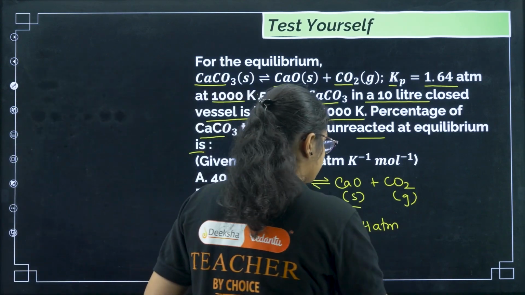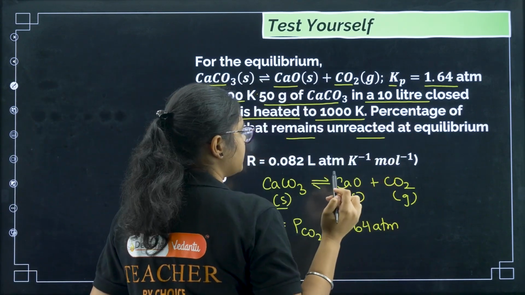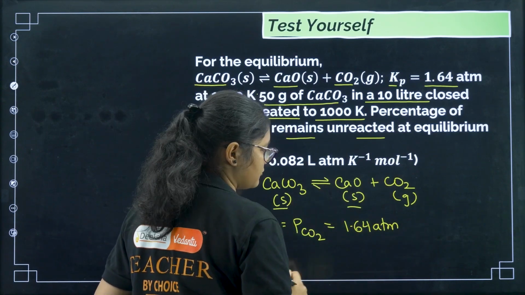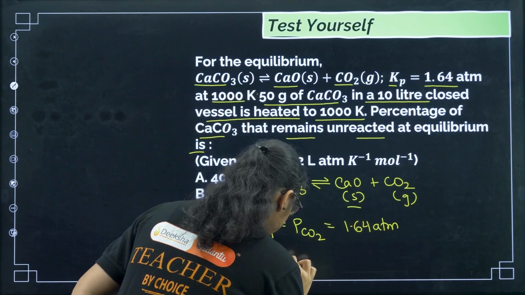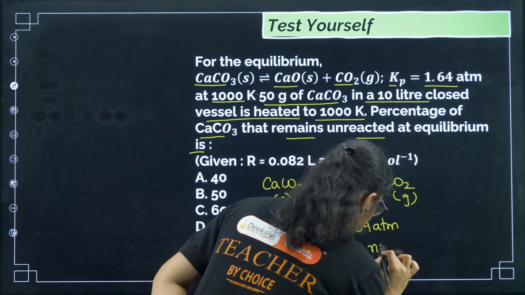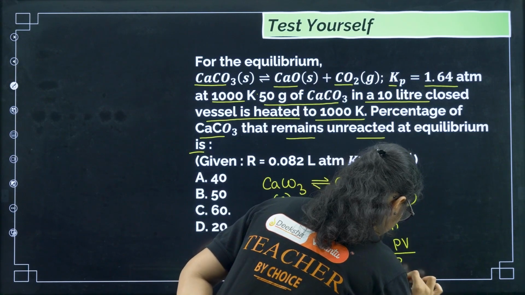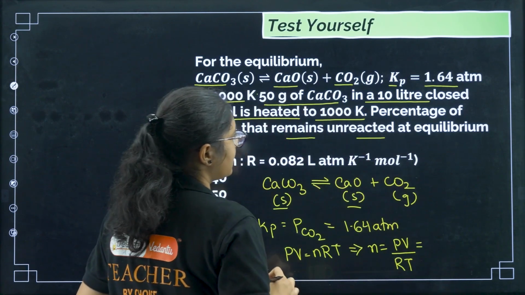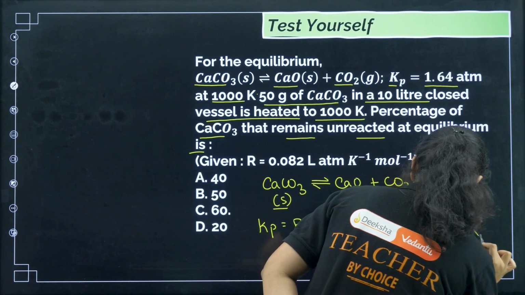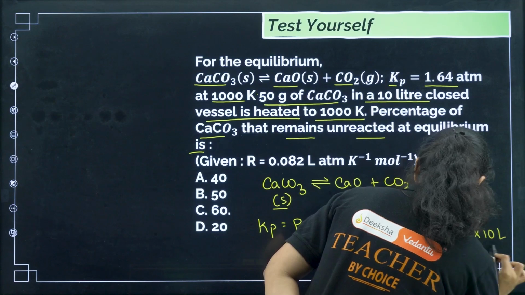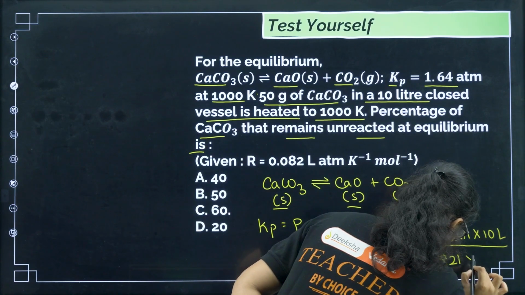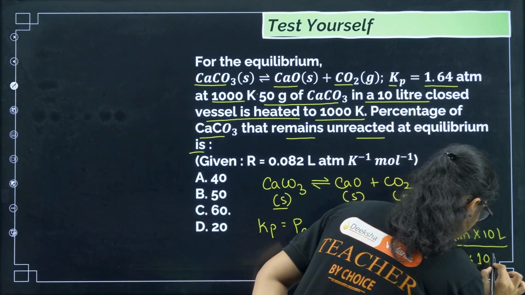Now if I know the pressure, I know the volume, I know the temperature, I know the R value, then we can definitely find the n value, number of moles of calcium carbonate or number of moles of CO2, right? So I know PV is equal to nRT, right? So that means n is equal to PV by RT. So let me substitute this value. What is pressure? 1.64 atm. Volume is 10 liter, then R value is 0.0821 and temperature is 1000.